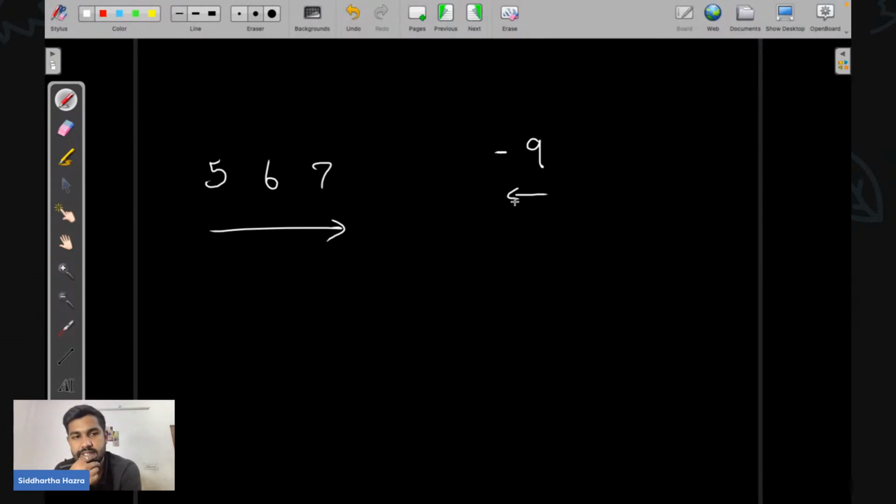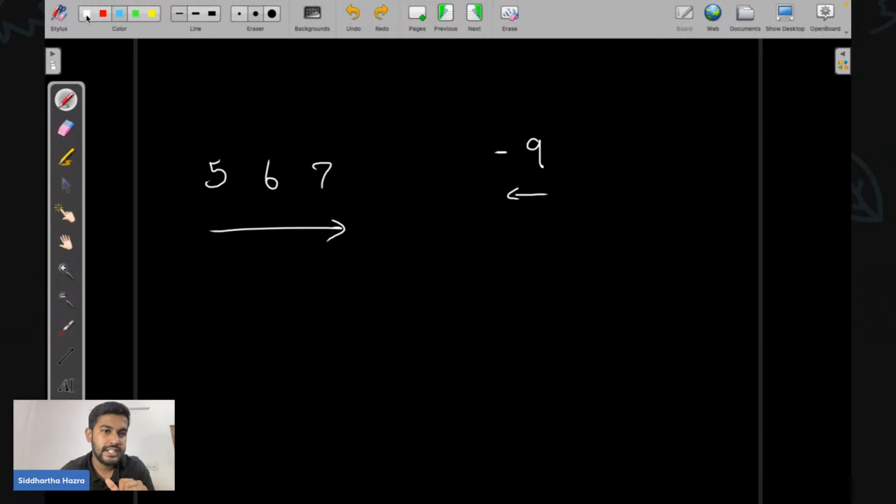So this 9 would cancel out this 7, would cancel out this 6, would cancel out this 5. So basically what needs to be done is we need access to the last element to see if it is small or big.